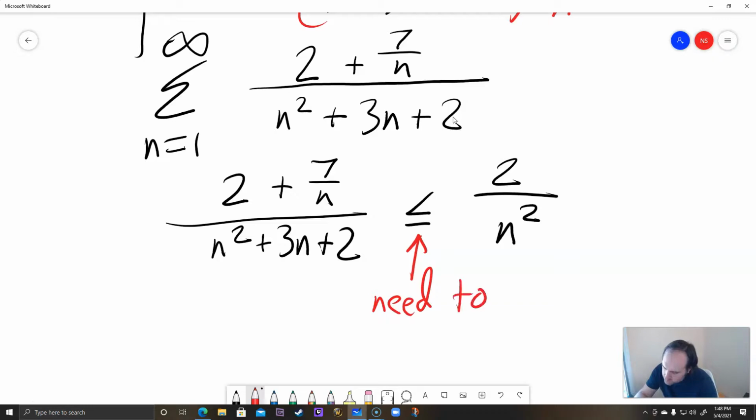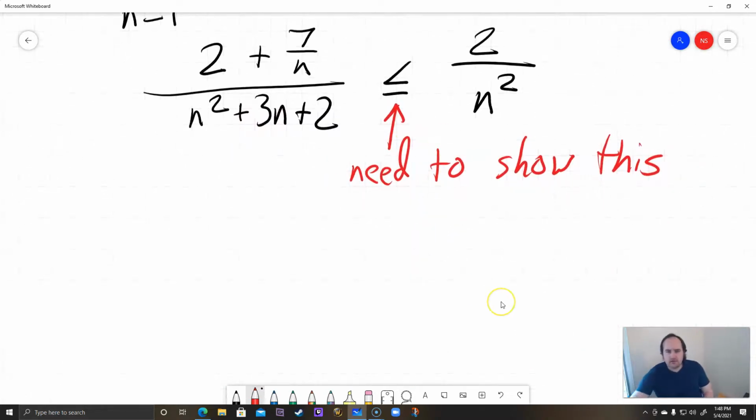I need to show this. So why is this true? Well, first of all, 2 plus 7 over n isn't going to make a big difference as n goes to infinity. And then in the denominator, we have n squared plus 3n plus 2.